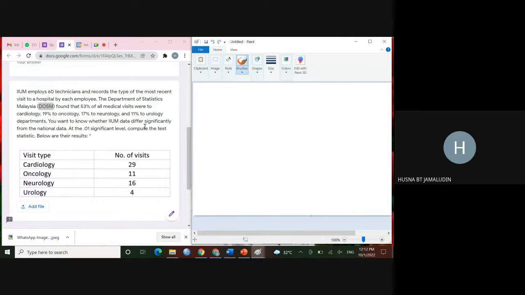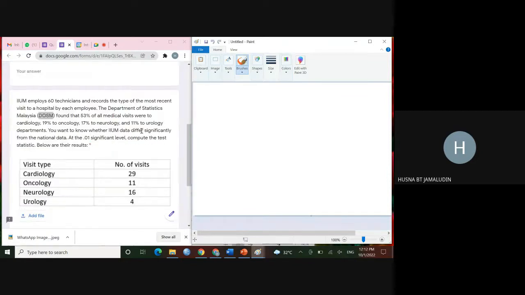When they tell you it is equal, fine. But here you can see that you have the observed number. This is what we can observe, right? And then this is the percentage, like the number given by the national data or Department of Statistics. That means they will have a different value.